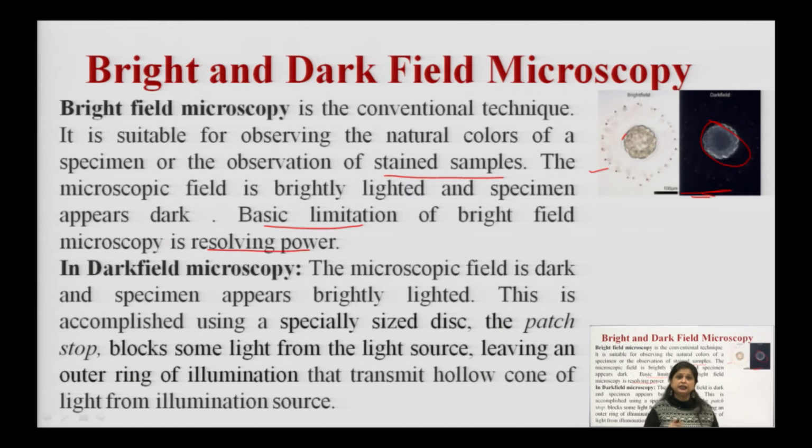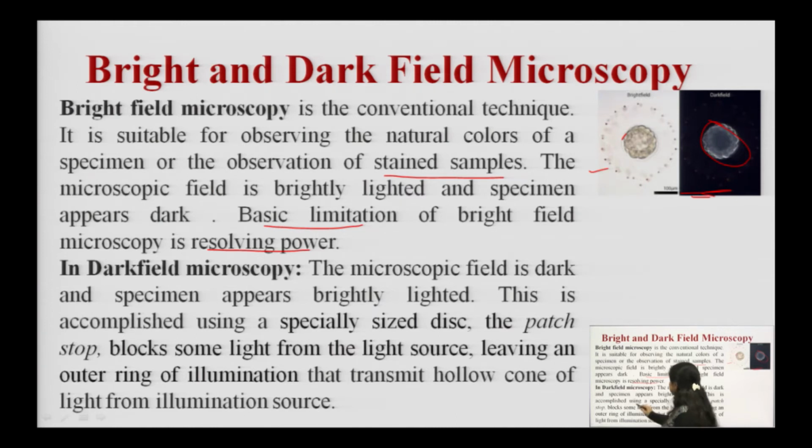But in dark field, your field becomes dark. As you can see even in this image, the field becomes dark and you can easily see the cells in their natural form, whether they are transparent or have colorless organelles. The resolving power for your sample will increase using the dark field microscope.